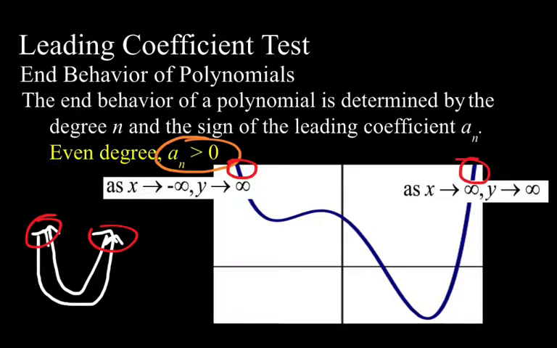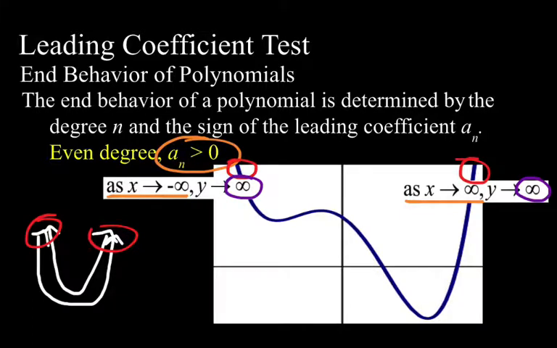And then again, we're always going to describe what happens on the left and on the right, and that is our description there. Notice this time, because they're both going up, we have a positive infinity in this spot for both sides.